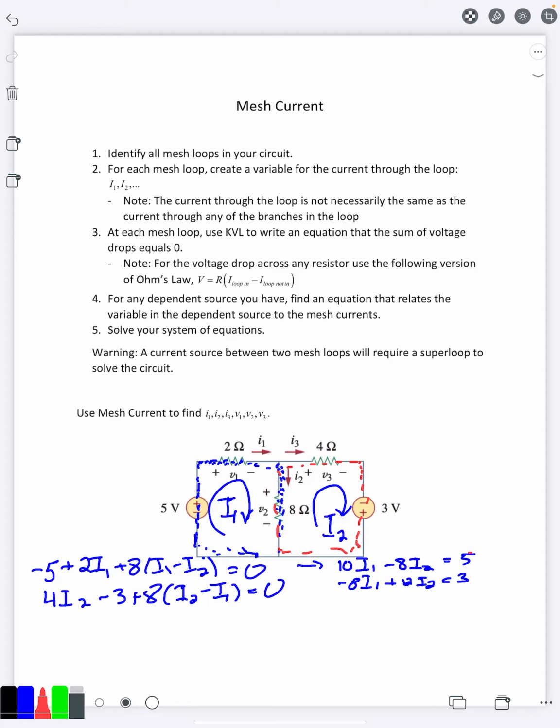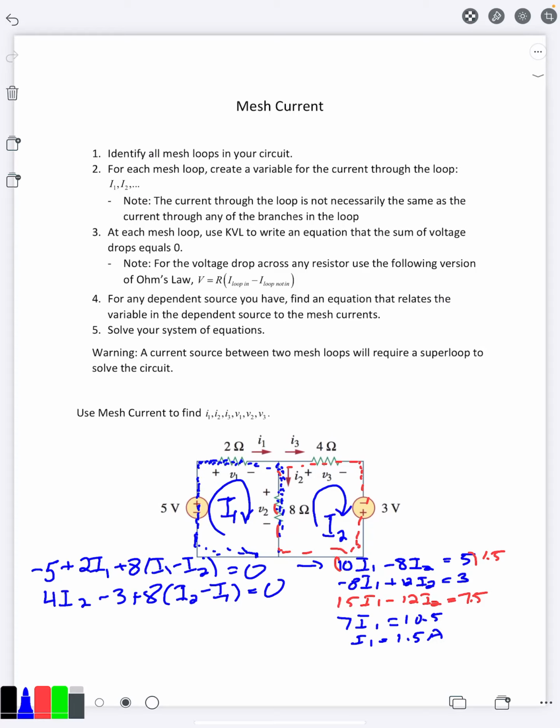Then maybe I'll go ahead and multiply the top one by 1.5. That will then get me 15 I1 minus 12 I2 is 7.5. Add down gets me 7 I1, the I2's cancel, is 10.5. And then I1 is 10.5 over 7, which is 1.5 amps.